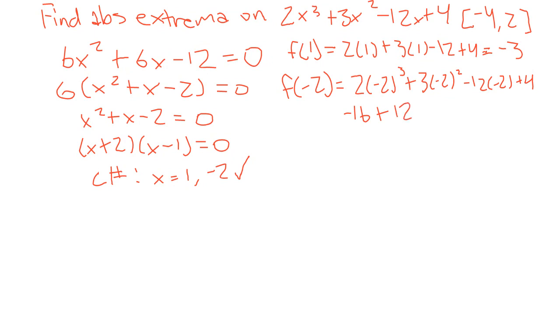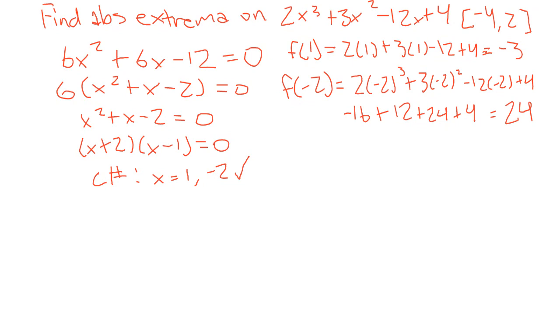Then negative 12 times negative 2 is a plus 24, plus 4. So we get negative 16 plus 12 plus 24 plus 4, which gives us 24.